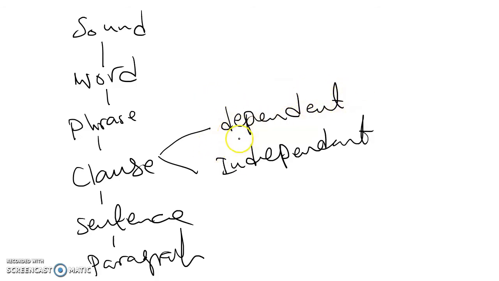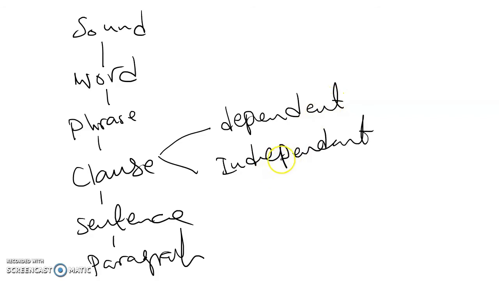So for the two types, I mean the dependent clauses and the independent clauses, actually both are sentences. But for the dependent clause, it makes no sense, no complete meaning for this sentence. So because of that, it needs something else to help it, whether it is another clause or something else, just to make a meaningful sentence.